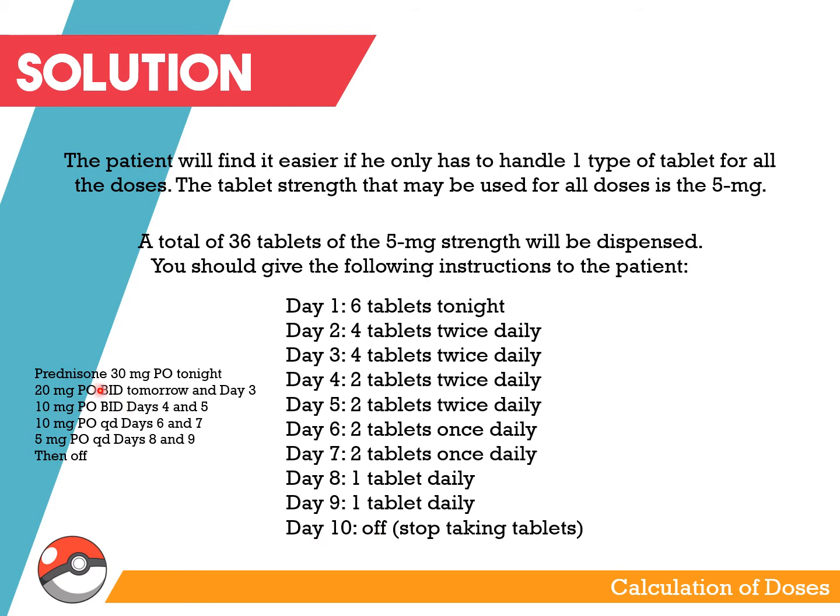Okay, so as you can see in the prescription, the regimen started with a high dose of prednisone. From 30 milligrams, it slowly tapered to 20, 10, and then 5. So this is an example of that situation.